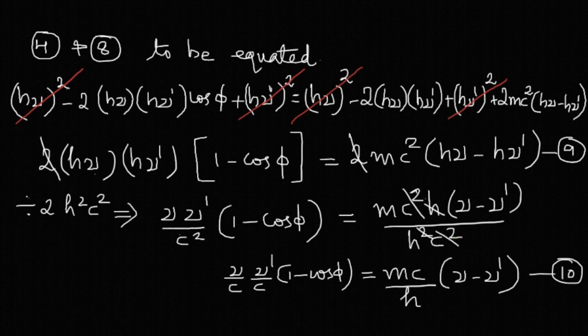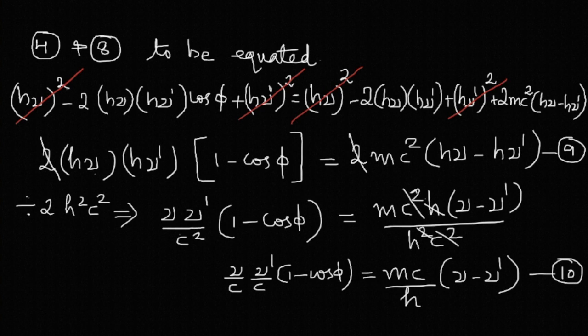So we may now write nu by c as 1 by lambda, or nu equal to c by lambda. Likewise, nu prime by c will be the corresponding wavelength, that is 1 by lambda prime.